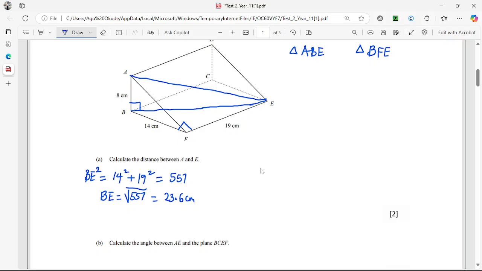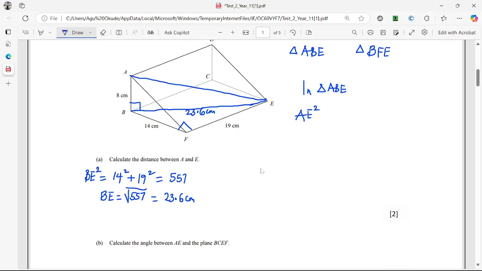So this length here is 23.6 centimeters. Now in triangle ABE, the side AE is the hypotenuse, the longest side.